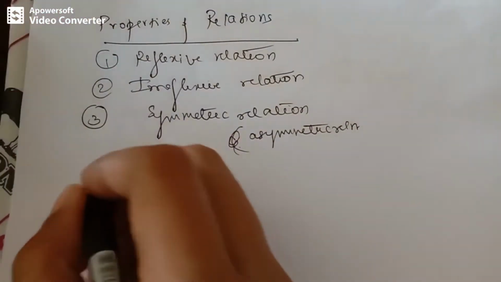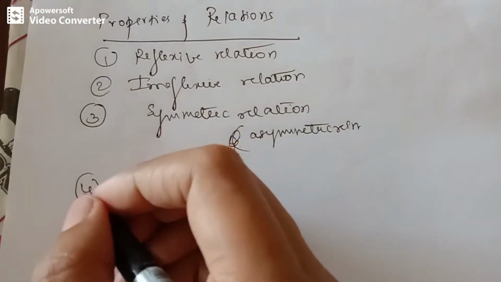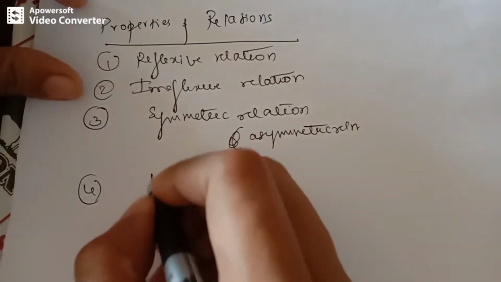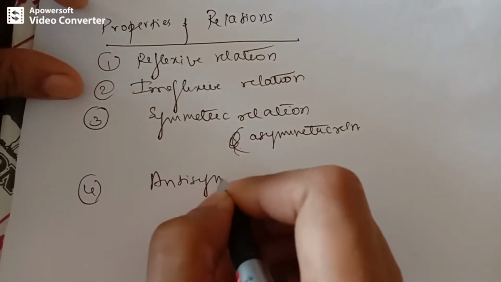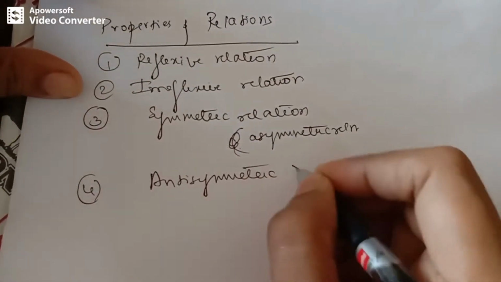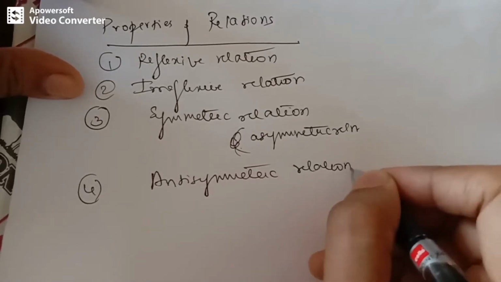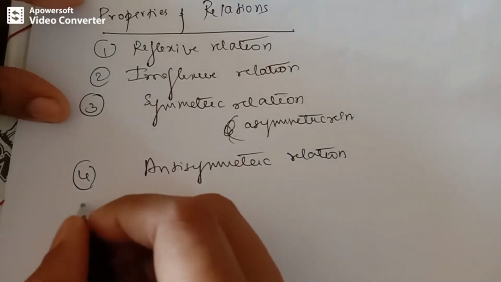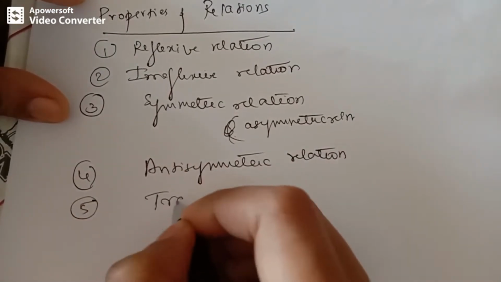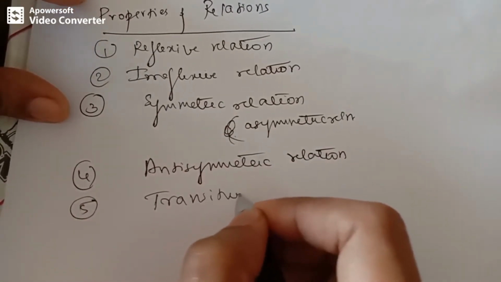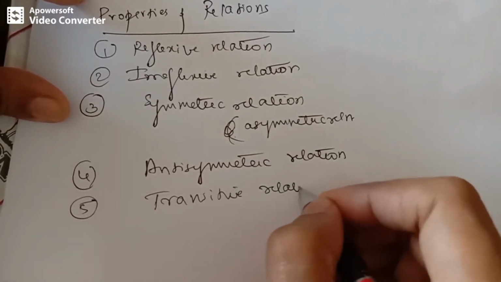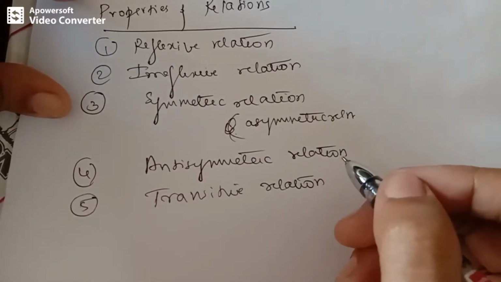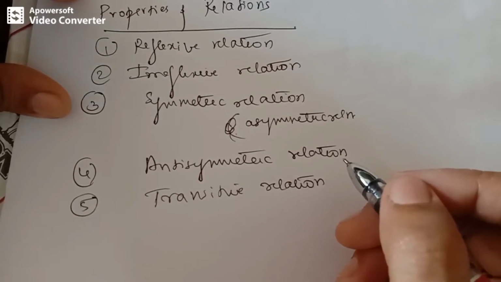That kind of property also exists. And you will be studying about anti-symmetric relation, and then what is meant by transitive relation. So we'll be studying all these different kinds of relations in this video presentation.